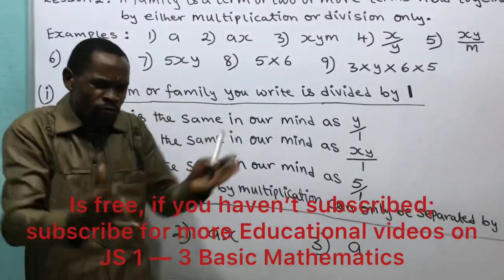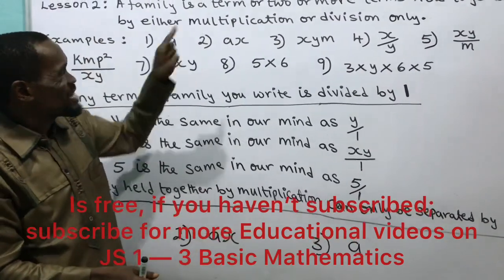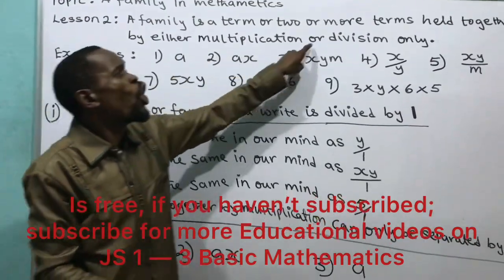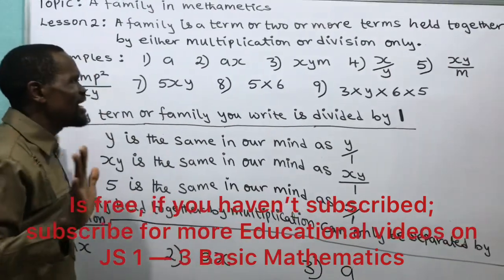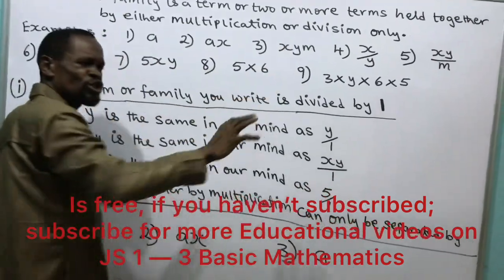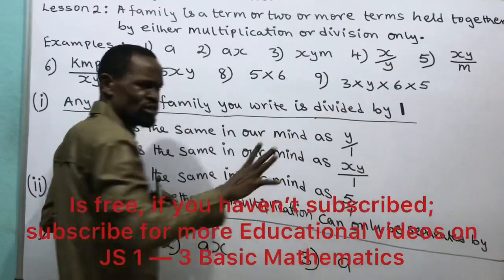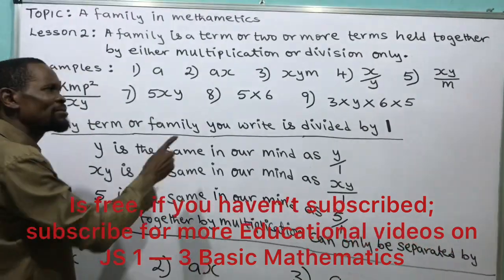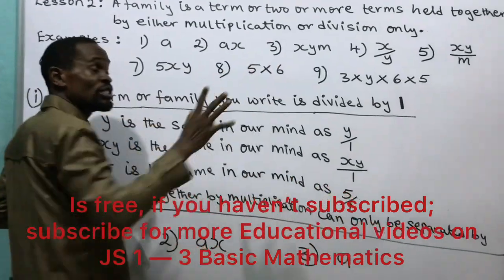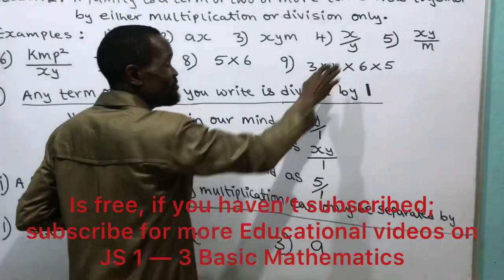To call you people a family, what holds you together is multiplication or division only. So any terms held by multiplication is a family, or held by division is a family.